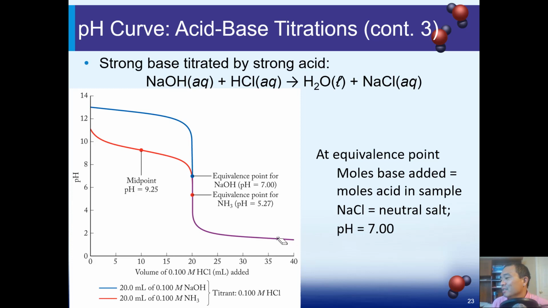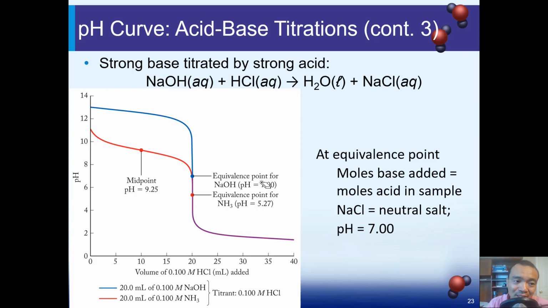Another feature is the equivalence point for a strong base titrated by a strong acid. In this case, because you generate NaCl, which is neutral, the equivalence point for this titration is neutral, or 7.